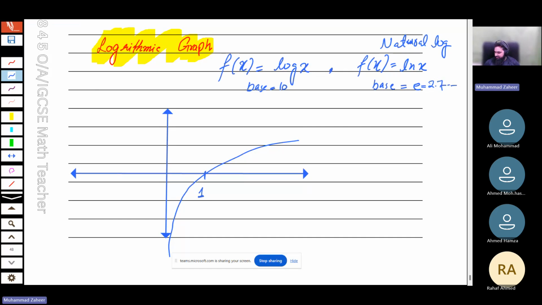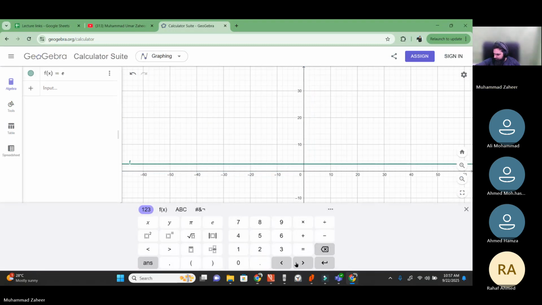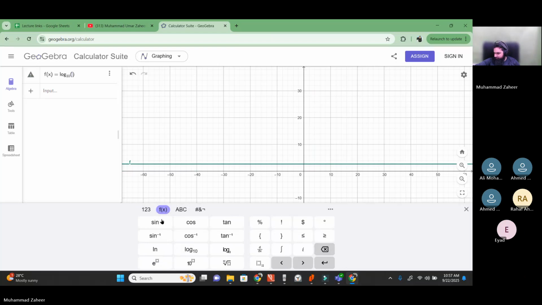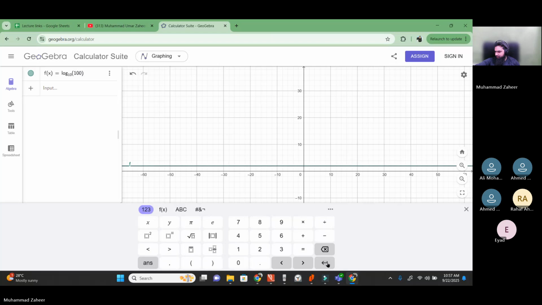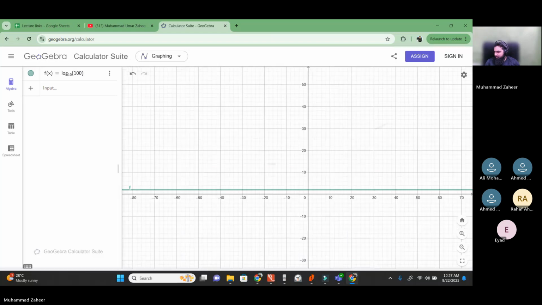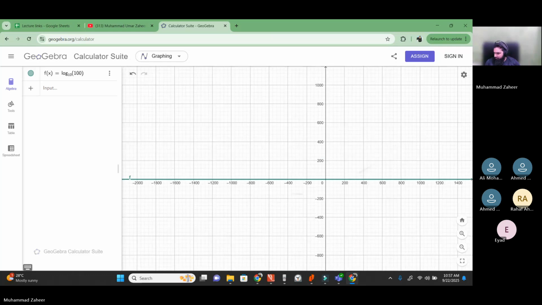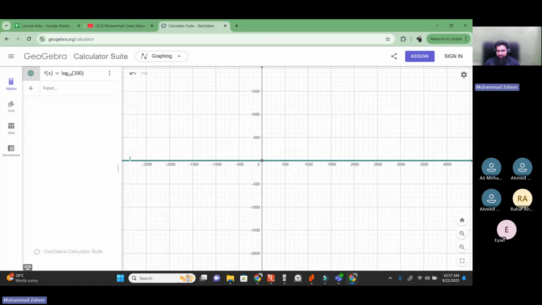For example, let's check the graph here. I'm just going to write any log. So, yeah, we have log, let's say 100.